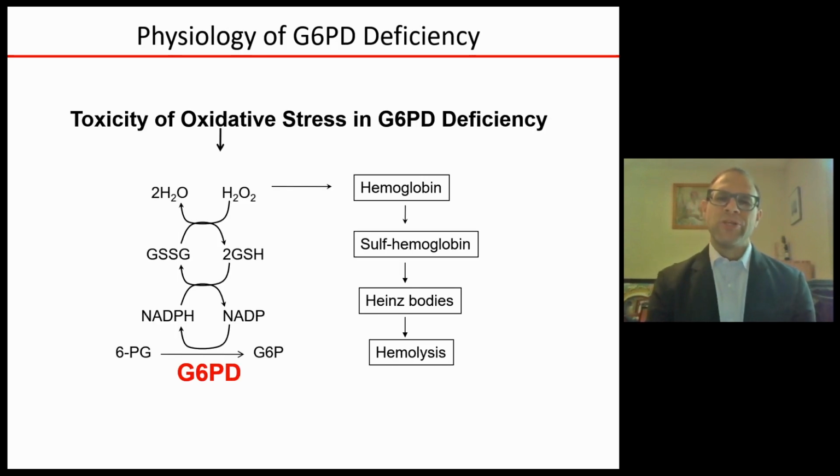So what is happening in G6PD deficient patients is that there is oxidative stress with certain exposures, such as those fava beans, and without G6PD here, we get a depletion of NADPH and then an increase in hydrogen peroxide and free radicals, which start to damage hemoglobin and cause its precipitation.